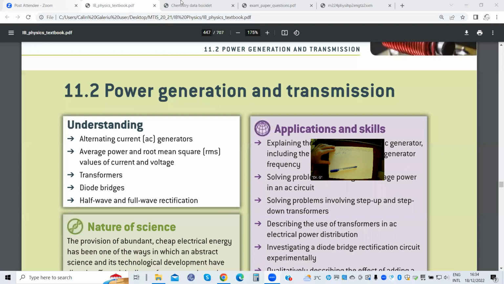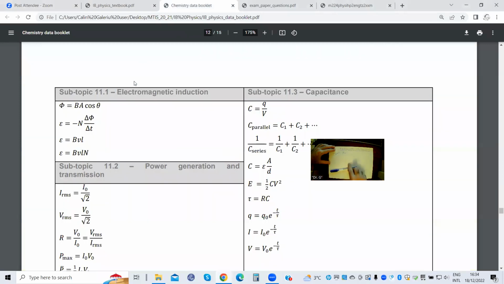The formula given in the booklet: the magnetic field times the area times the cosine of the angle made by the magnetic field with the normal to the area. So this is the area. The normal is a line perpendicular to the surface area.